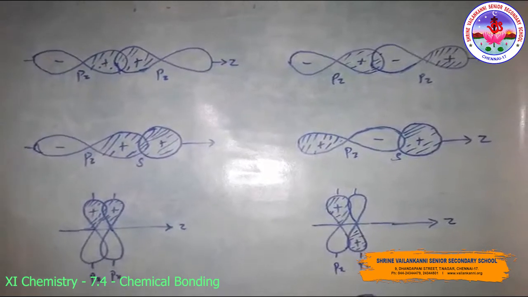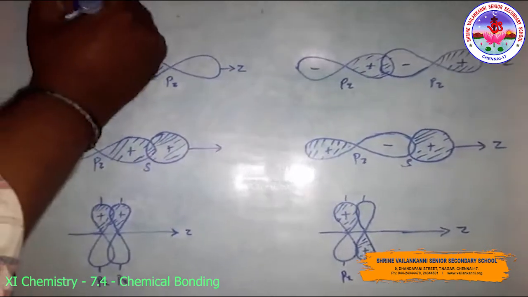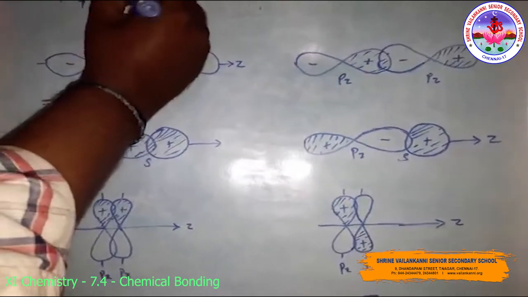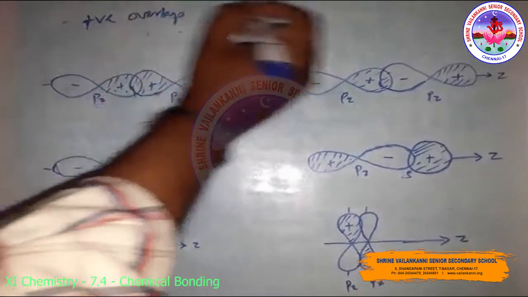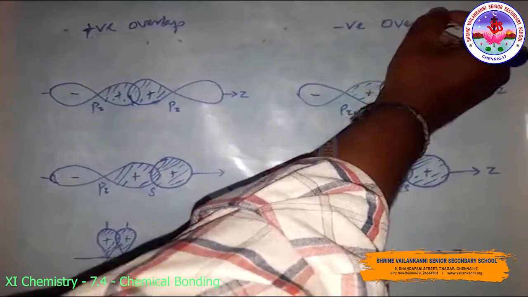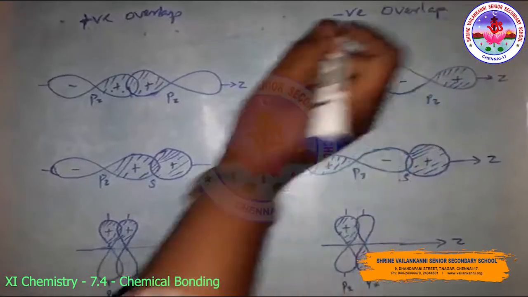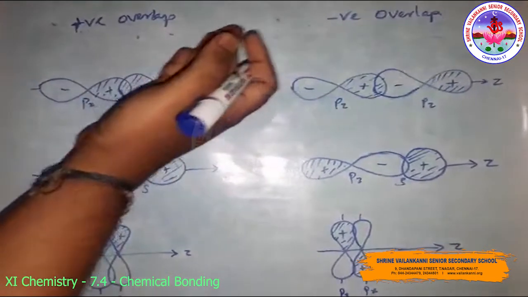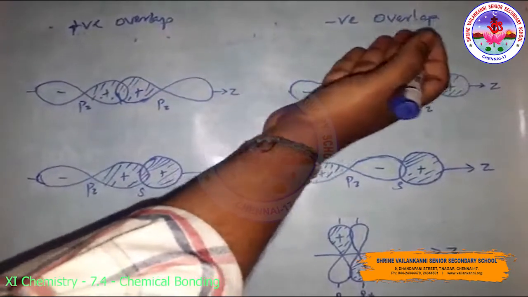So this is positive overlap, or in phase overlap, and this is negative overlap, or out of phase overlap.